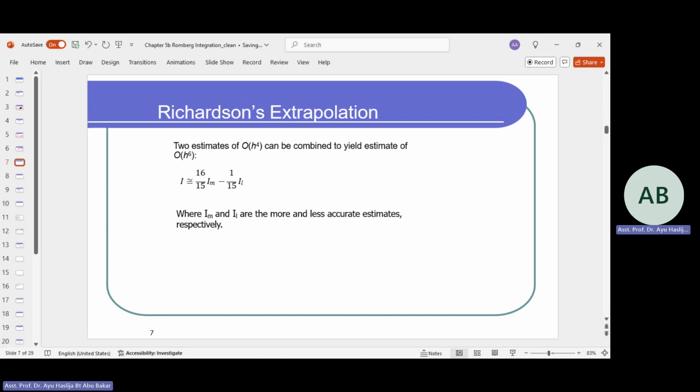Then this is for O(h^6), the third level. The I_m here means more accurate, and I_l means less accurate.